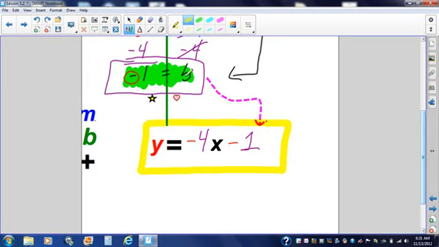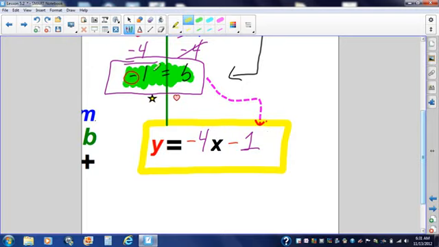I solved for b. I put that in the equation, and then I took my slope and wrote it right there, -4. Now the evil mathematician has to let you on the airplane because you wrote an equation without graph paper.